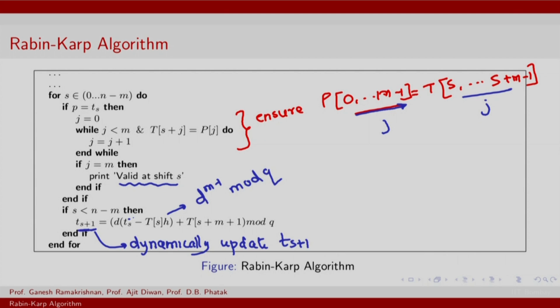Ts itself was obtained after mod q operation. So t was T going from s to s plus m minus 1 mod q. You of course perform this multiplication and addition and again check for mod q match. If there was a match here, you would go back and check for character wise equality.